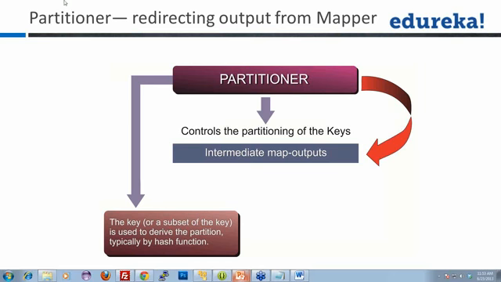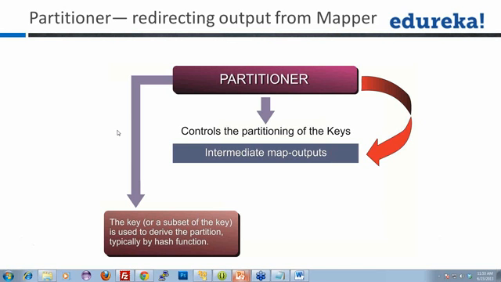Now, don't worry about this diagram. I don't like this diagram much. Let's take a real life example. In that word count program itself, I know that I want to calculate the number of occurrences of Hadoop.